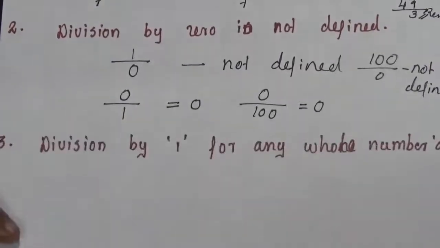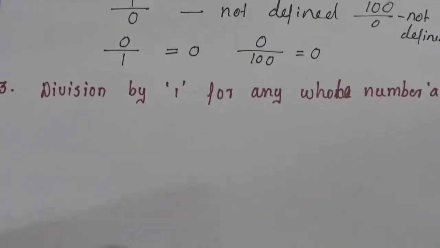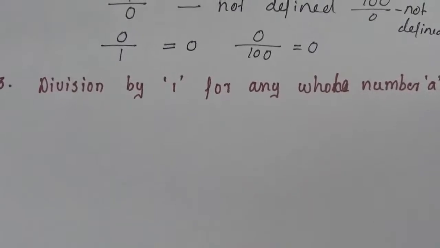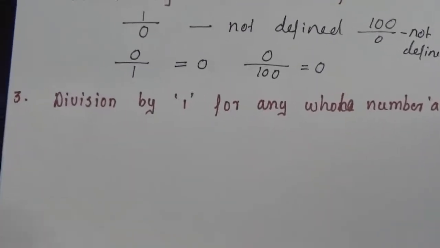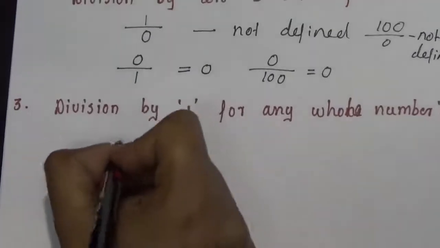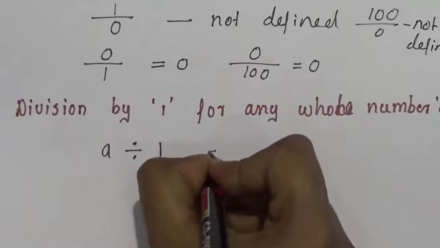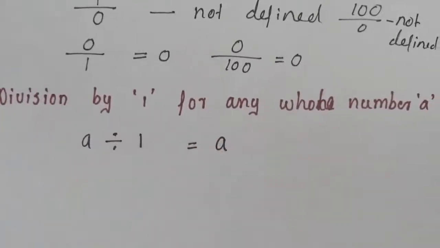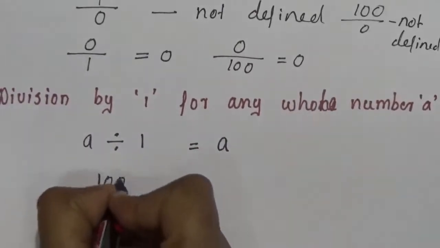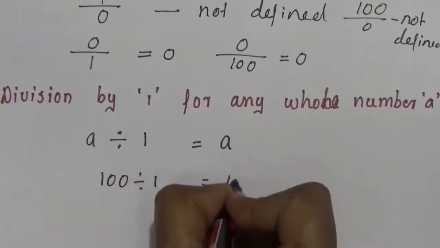Next is division by 1. Division by 1 for any number A is the number A. When we divide a number A by 1, we get the same number A. That is, 100 divided by 1 is equal to 100.